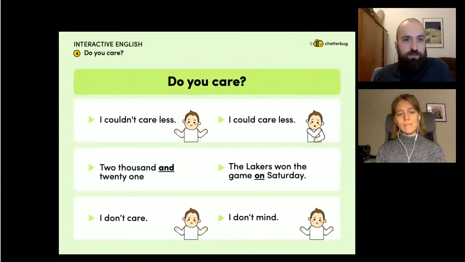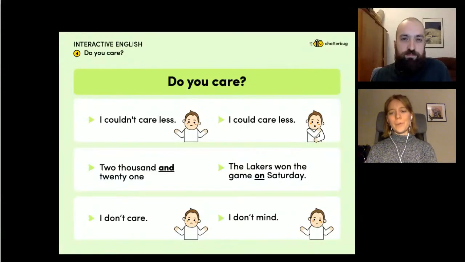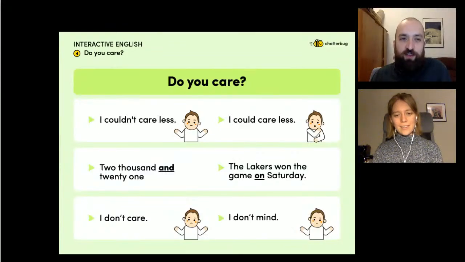Okay, the next ones. So, what do you think of the phrasing of this? 2021. Yeah, that sounds weird because in American English, I think you'd say 2021, you just say it without the and.